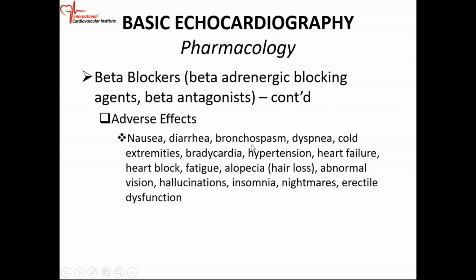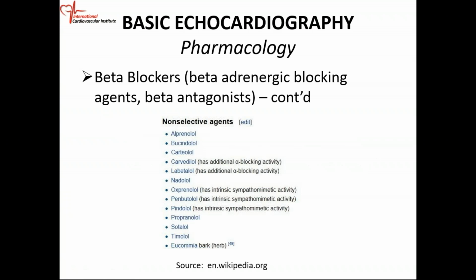You can get not only hypotension, but an abnormal response, hypertension. Patients can go into heart failure, get heart block, fatigue, alopecia, losing hair, hearing loss, abnormal vision, hallucination, insomnia, can't sleep, nightmares, and erectile dysfunction. Some of the adverse effects.